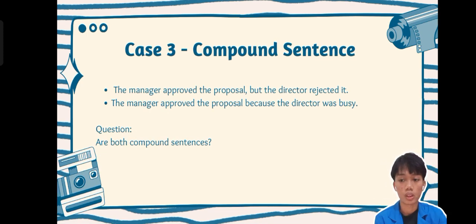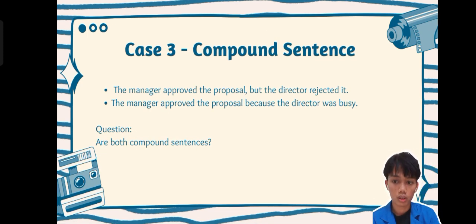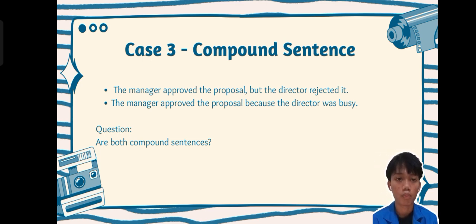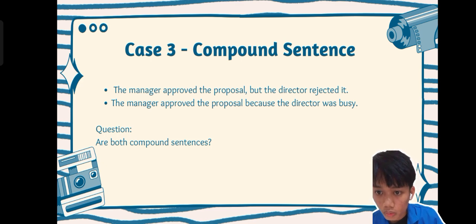The third case is about compound sentences. Consider these two sentences. A: The manager approved the proposal, but the director rejected it. And B: The manager approved the proposal because the director was busy. Are both of these compound sentences? Let's find out.